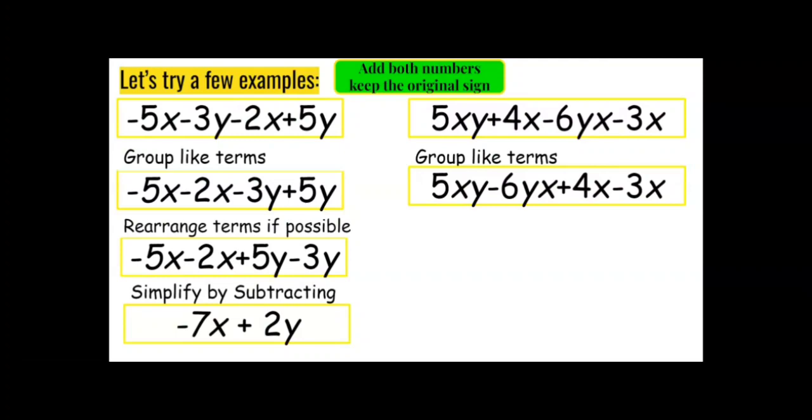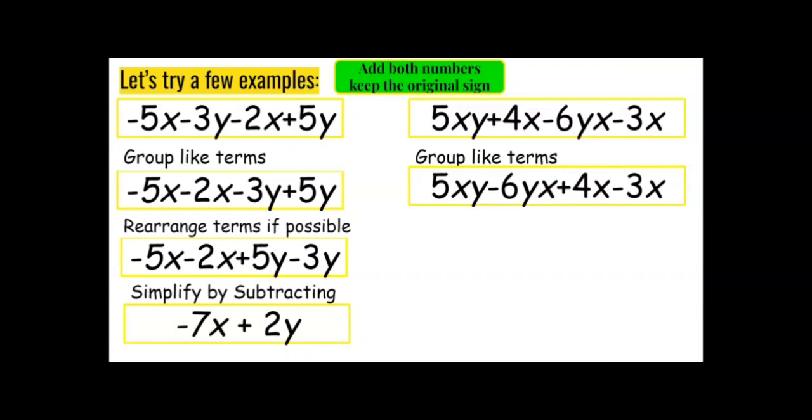But how about those? We have xy and we have yx. Let's simply recall that multiplication is commutative. And 5xy means the same thing as 5 times x times y. And if we wanted to rearrange this, we could have 5yx or 5y times x.